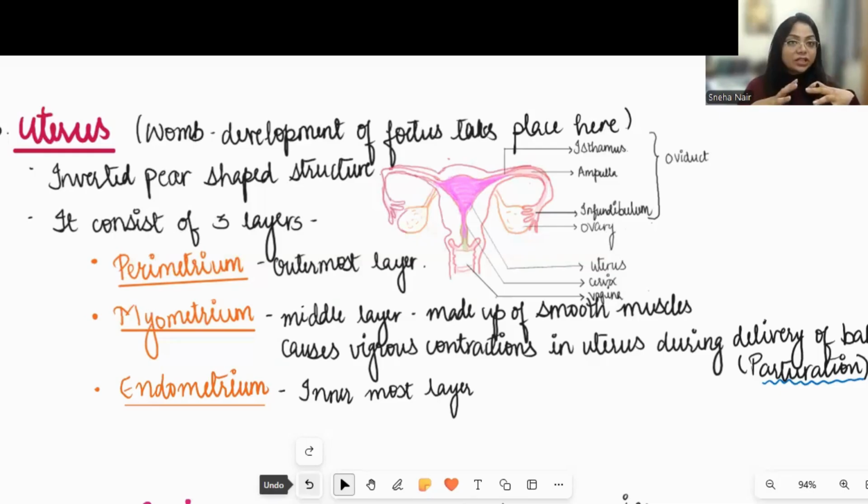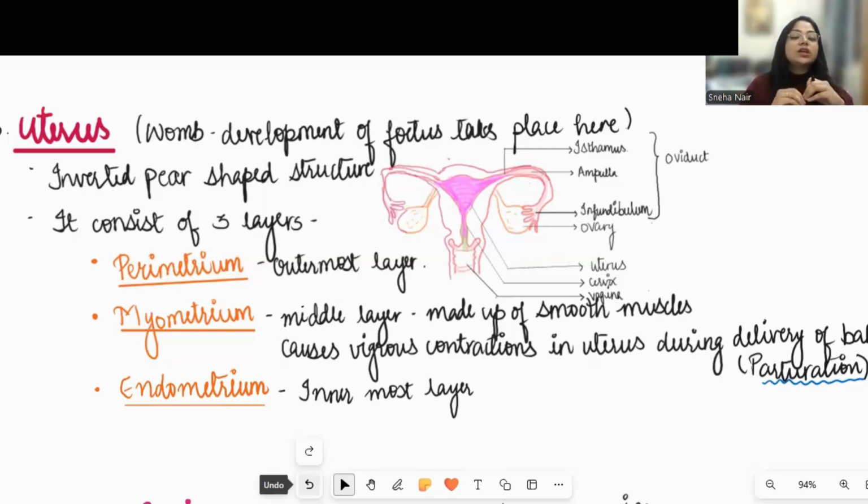So for implantation, the uterus prepares itself. The endometrium becomes thick, cork and screw style. That means it has a lot of grooves in which the egg cell can hold itself, and then it gets implanted to the uterine wall.